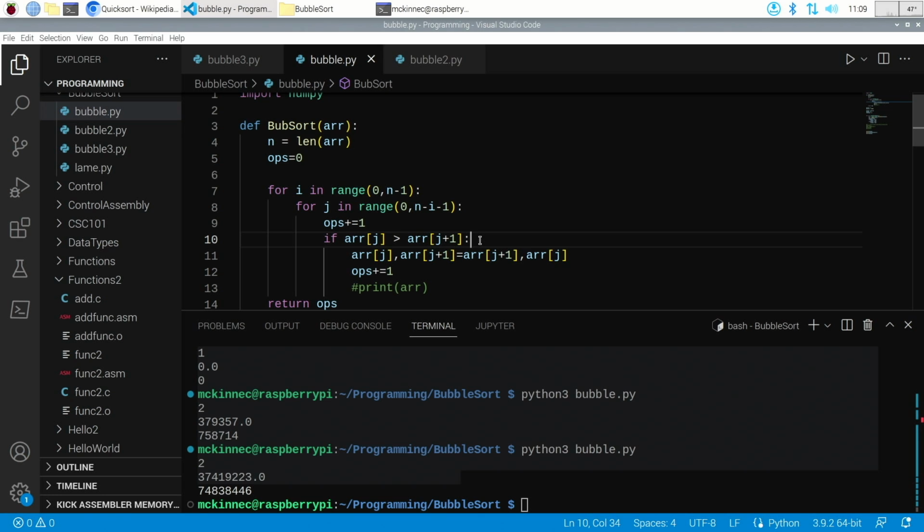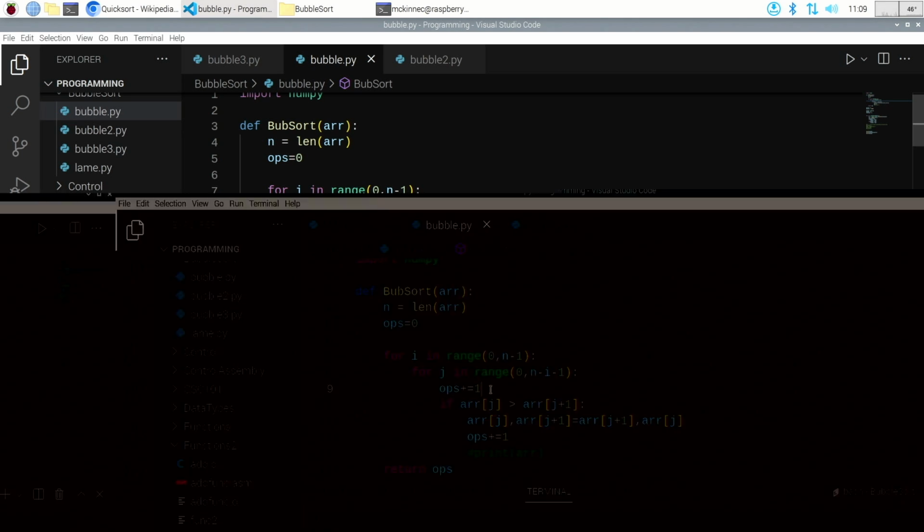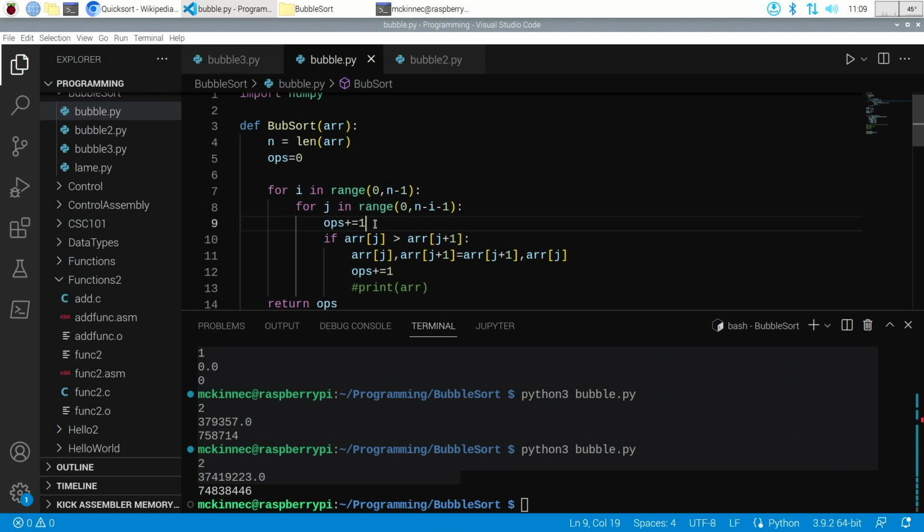Each time I do an operation, I add 1 to my number of ops. The operations come in 2 flavors: a swap or a check. Are they different operations? Yes, but they both require effort, so I'm just going to lump them together and get the total number of operations.